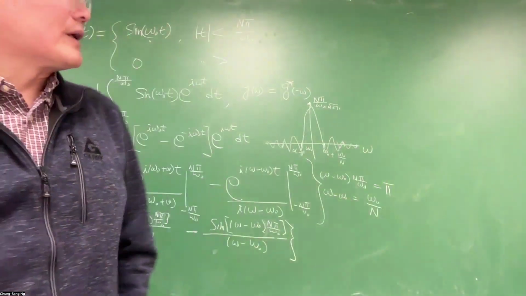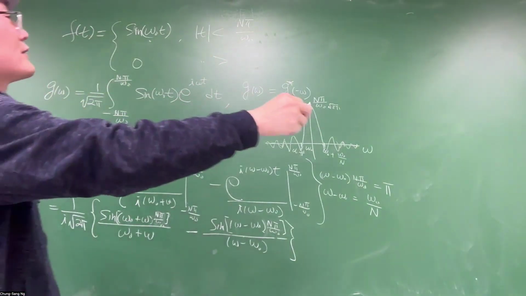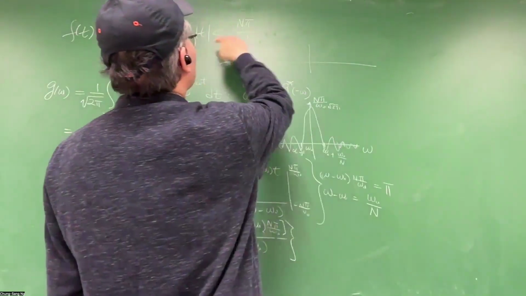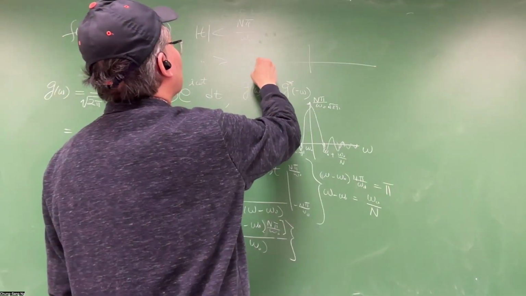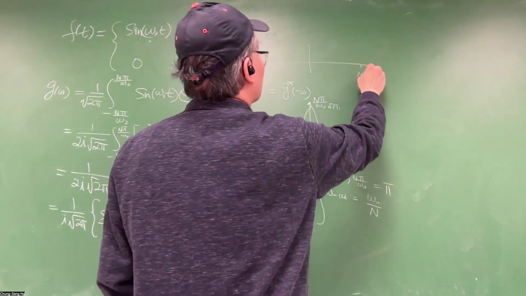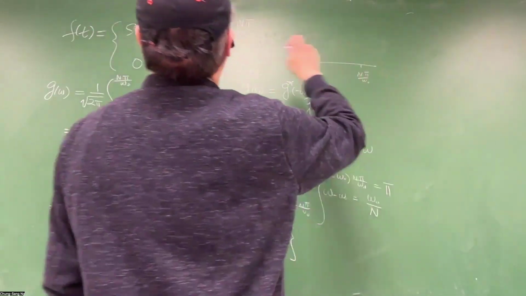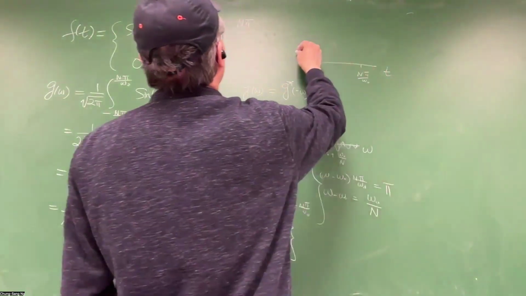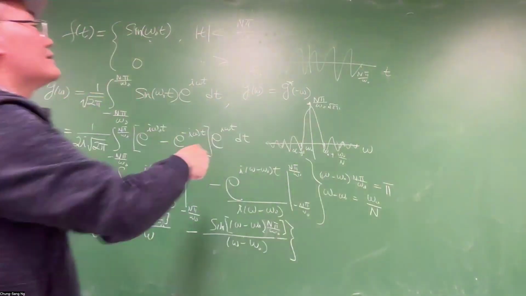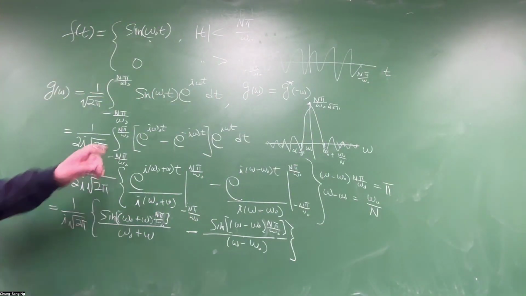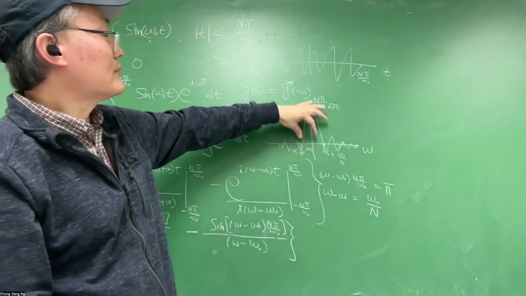So that is a general property. When n is large, which means this wave train is long, if you have a really long wave train along the t axis, something like that, then the peak will be very narrow.